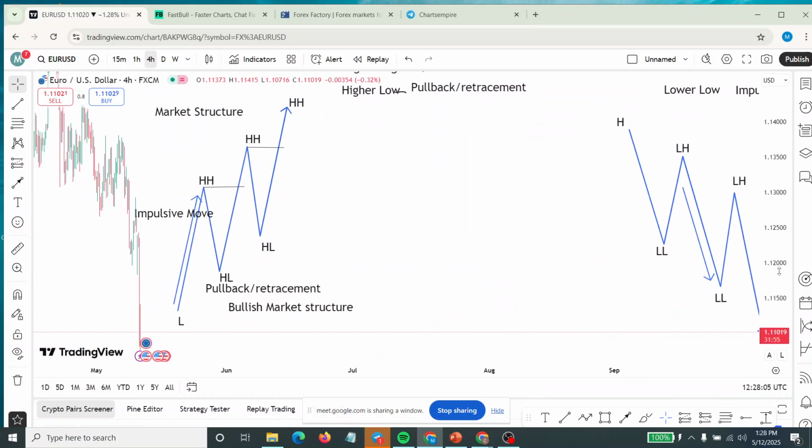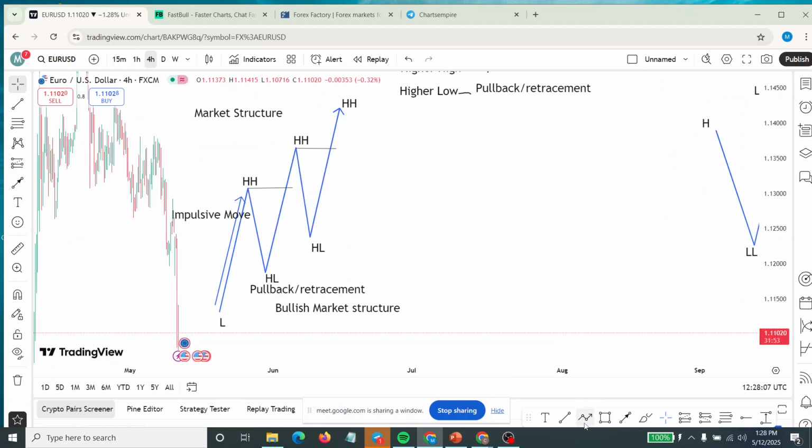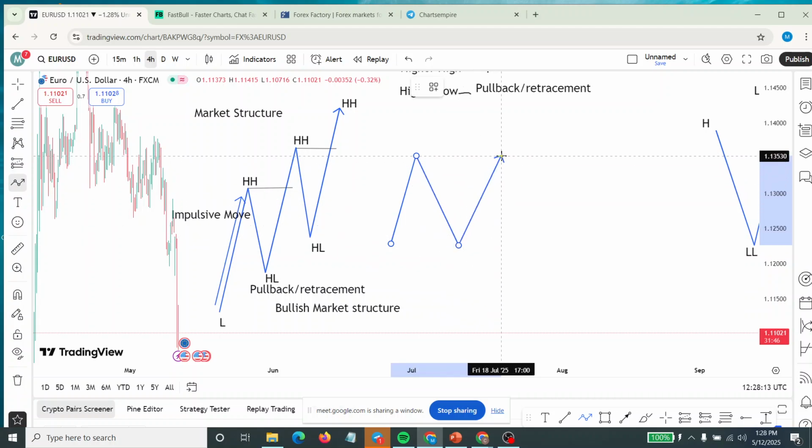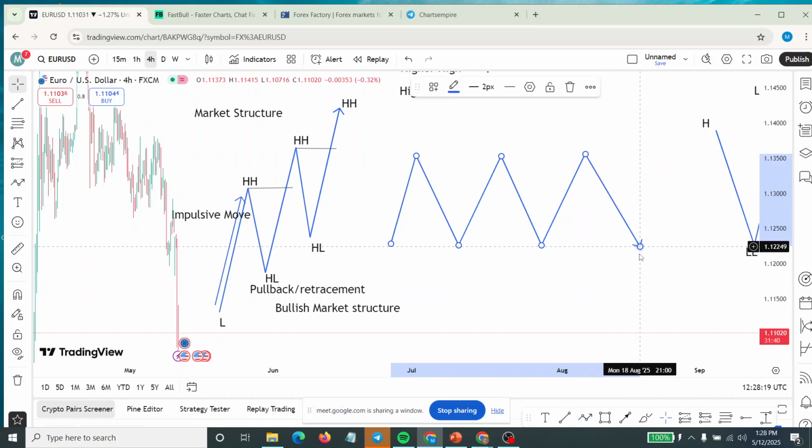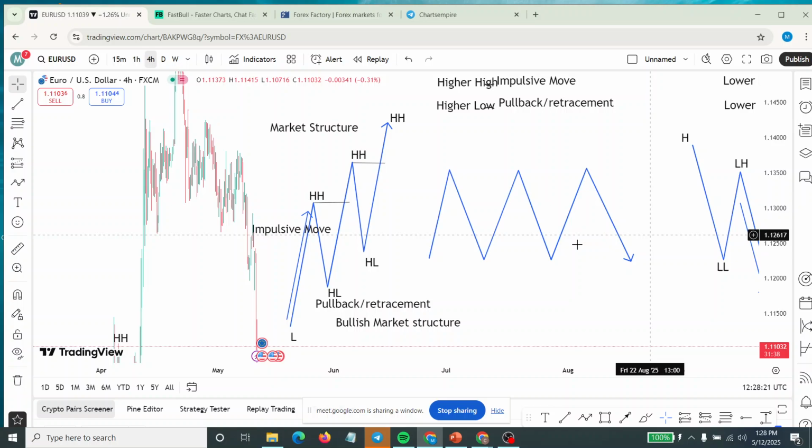So in a situation whereby you are not able to identify the direction of the market, how are we going to say who is in control in this kind of situation? No one is in control. That's why it is equilibrium between the buyers and the sellers, between the demand and the supply.